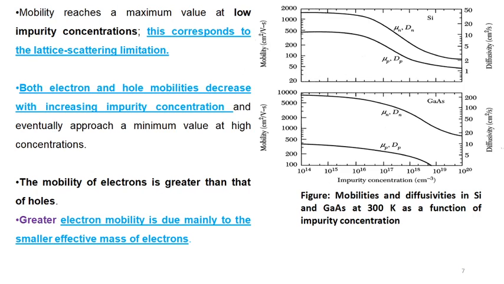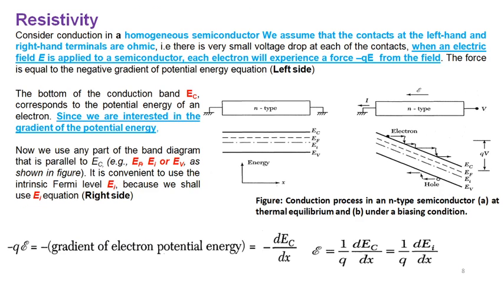Then here we'll go for the next phenomenon, which is called resistivity. In a material we have a resistance to the flow of charge carriers, and when we apply an electric field to the semiconductor, each electron will experience a force, and that force is F equal to minus qE.